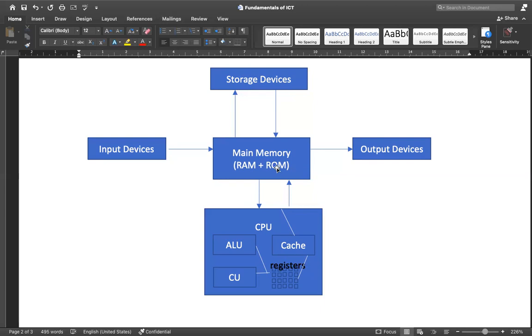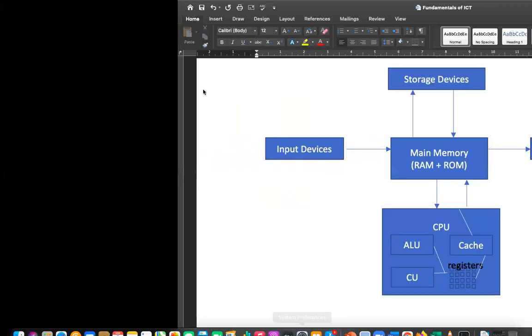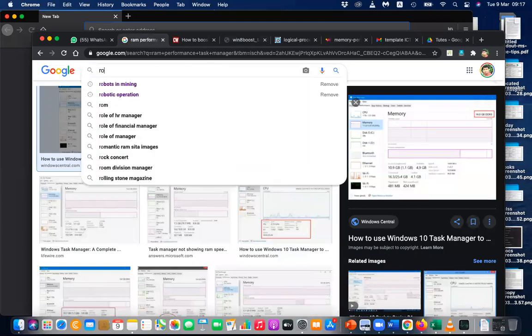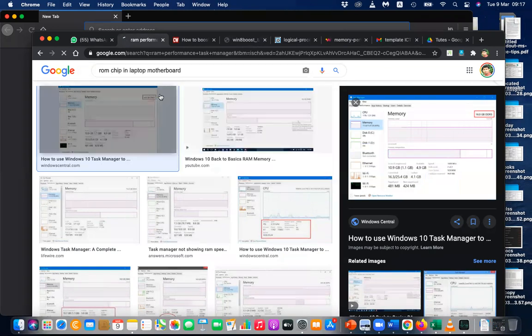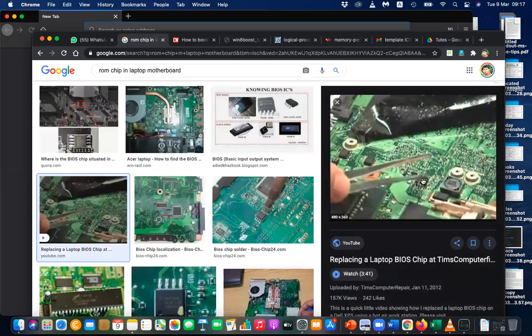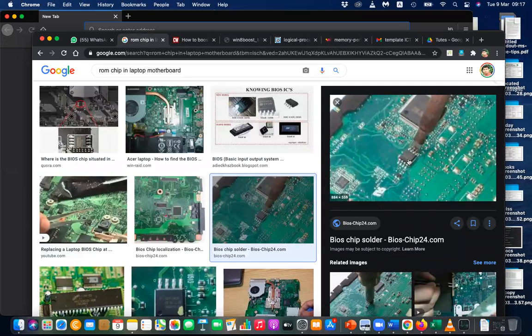Okay, ROM, if you don't know, ROM means it's a small chip in the motherboard. Right? Oh, then ROM is different. Yes. All these days I was thinking the opposite. You can see the ROM chip in a laptop motherboard, it's a very small chip. So this is the ROM chip in the motherboard. You can see this micro-level one. This is the ROM chip in the laptop motherboard.